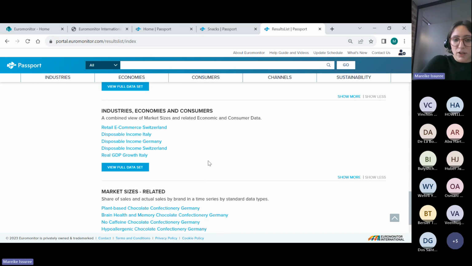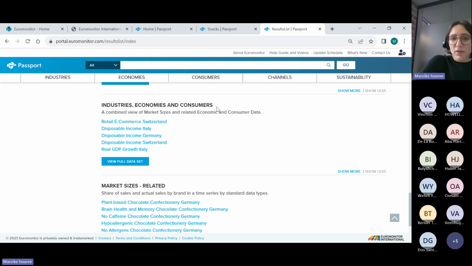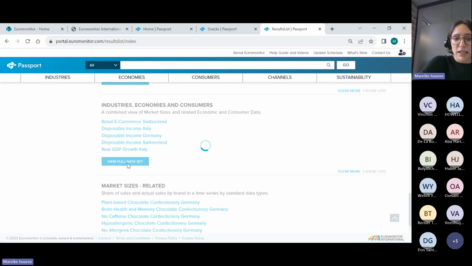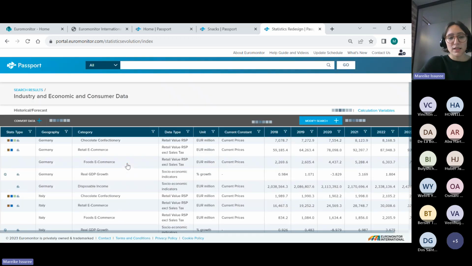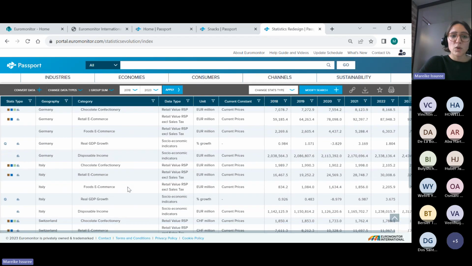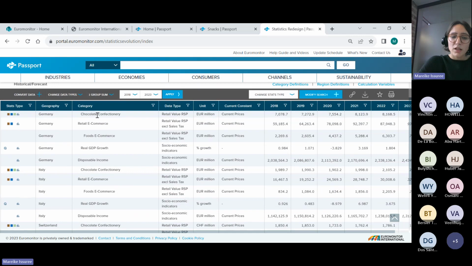And further down, you do find a very specific statistic called industry, economies, consumers. And this is the one that gives me all the indicators I've selected in one place. So if I jump into that and click View Full Data Set, it will give me the 3 countries that I've selected, and it will also give me the different indicators.